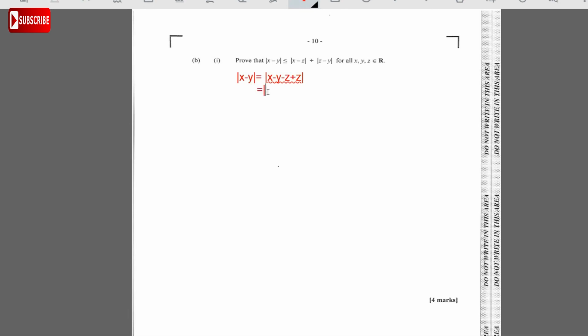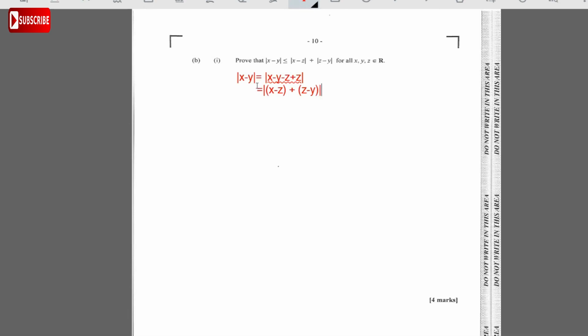We're going to group the x with the minus z, x minus z, and we're going to group this other part together, which is z minus y. Group those parts together.